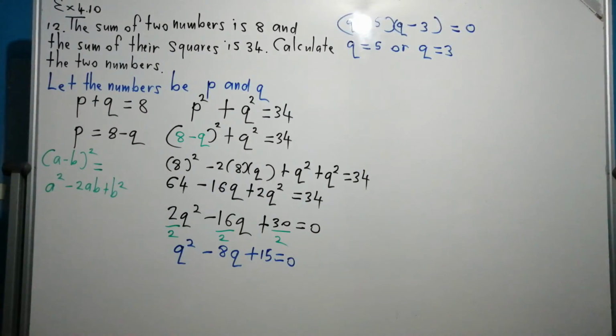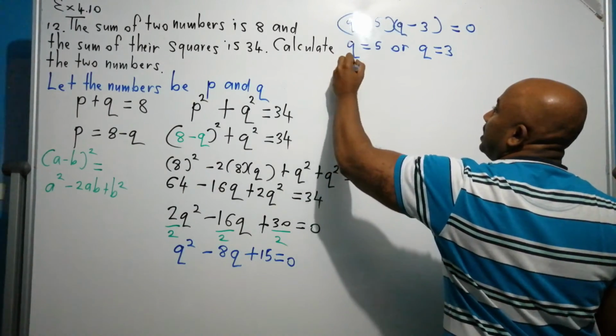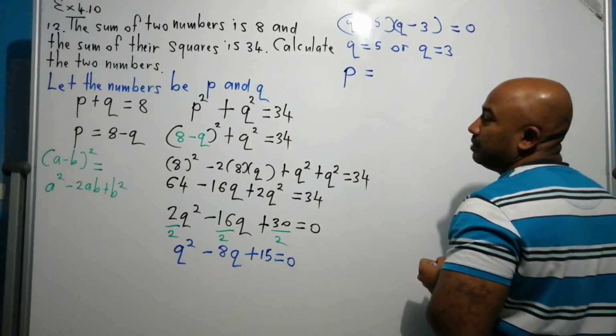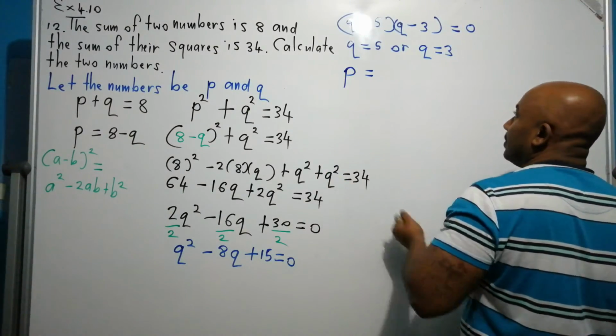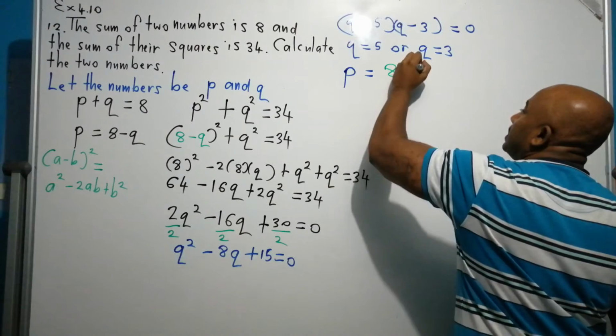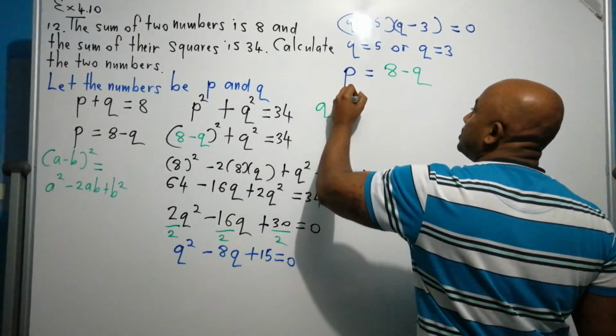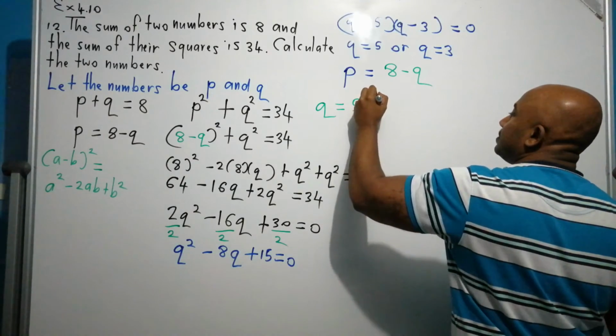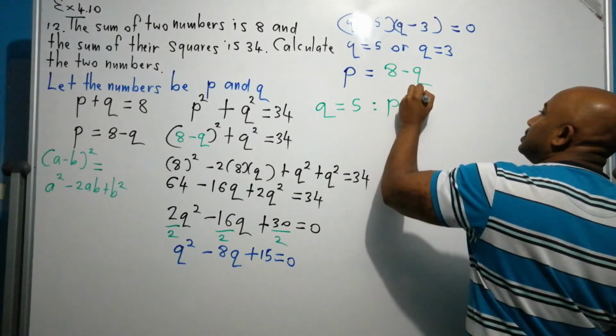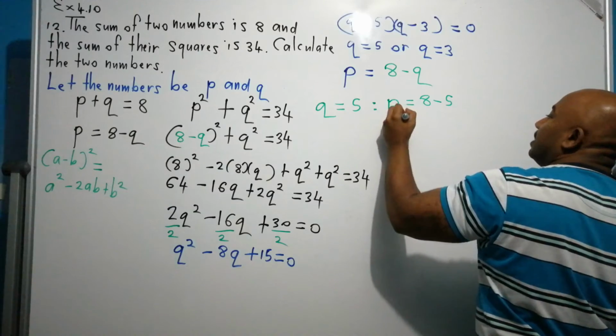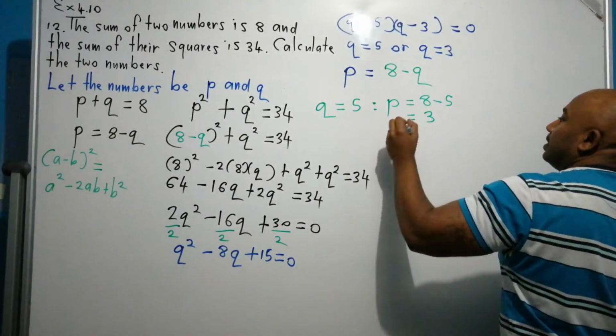Okay, so now what else do we need to find? We still need to substitute back. Remember, p was equal to, what was p equal to? Go back. P was equal to 8 minus q. So when q is equal to 5, p is equal to 8 minus 5, which is equal to 3.